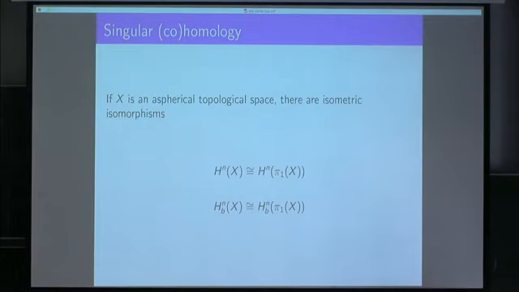This is a very deep theorem by Gromov, with another proof by Ivanov, but we will not need this theorem today, so we can stick to aspherical spaces. And let me emphasize that these isomorphisms are isometric with respect to the L infinity norm I have just introduced. So it is the same thing to compute the bounded cohomology of the group or computing the bounded cohomology of an aspherical model for the group. Okay, this is the background.